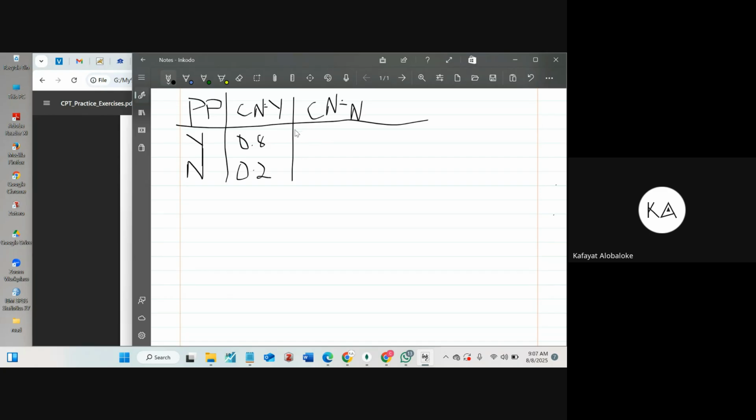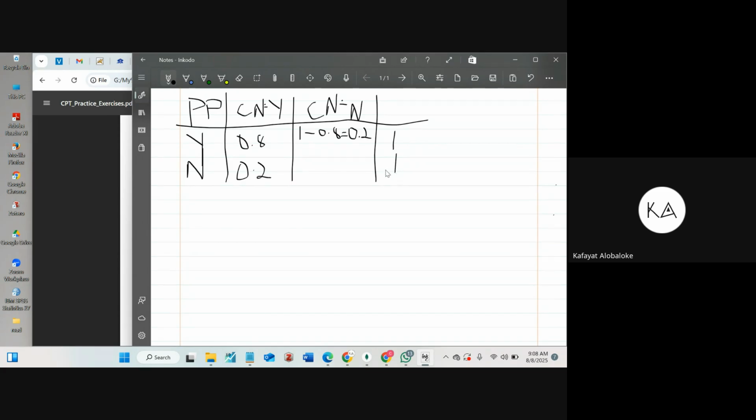So in this case, we already know that the total probability in the row must sum up to 1. So automatically what this tells us is, this is just mathematics, 1 minus 0.8, so we have 0.2.